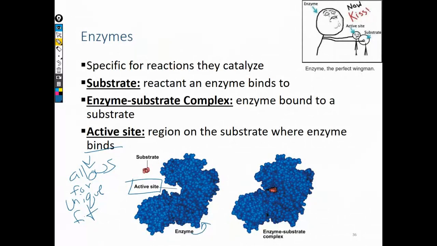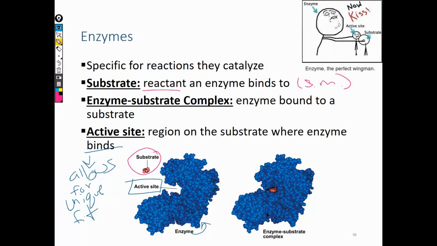So we see in this image here that the pink thing, which looks very small in comparison, is called the substrate. A substrate in this case is another term for reactant, aka the starting molecule.